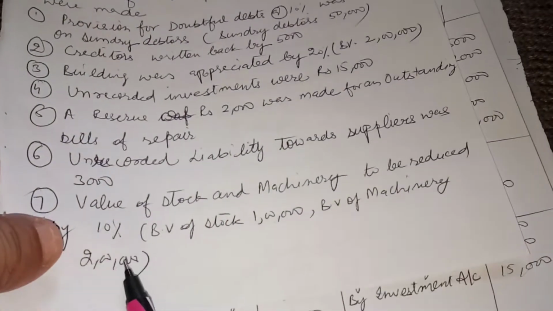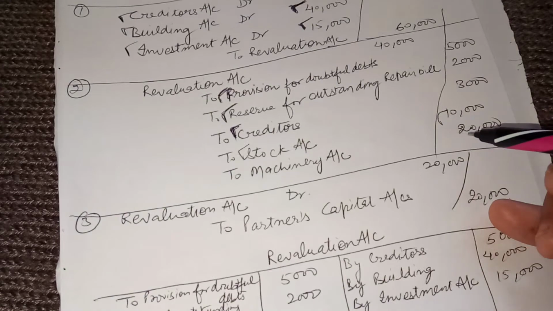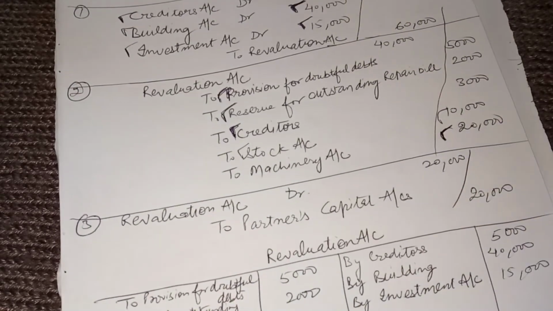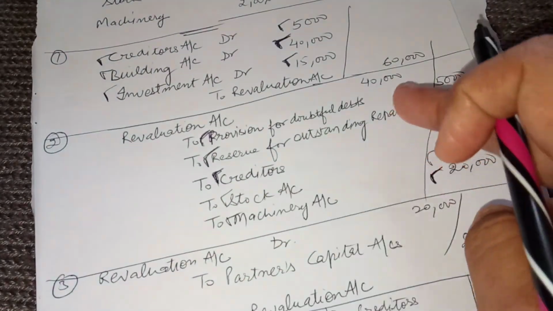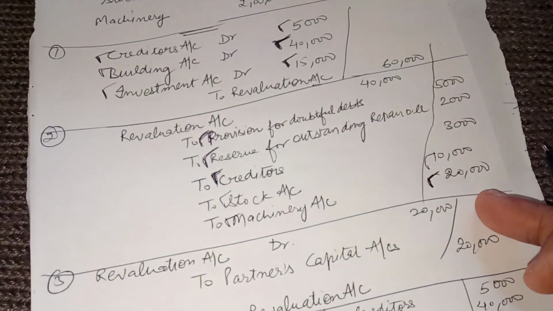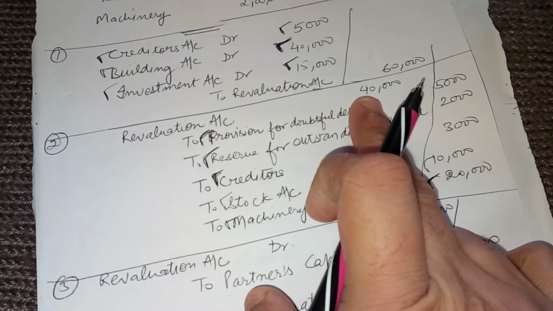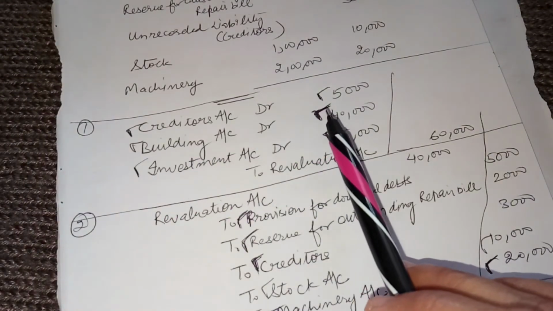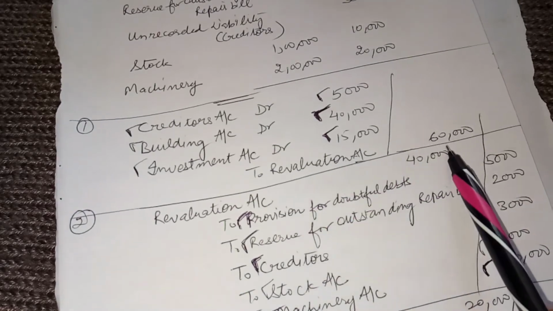So the machinery will be credited 20,000. Now add all these credited items. All these items added come out to be 40,000. So debit the revaluation account 40,000, and here with all the adjustments given, the total comes out to be 60,000. So credit this 60,000.